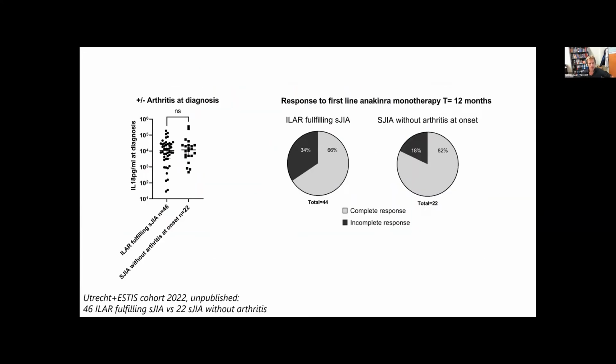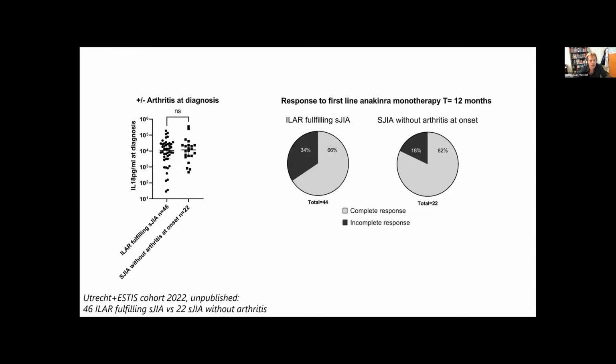And here you can see follow-up data very recently added up to 66 patients now, also from other centers in the Netherlands. You can see in the left panel that IL-18 levels of the 22 patients without arthritis at onset, which includes the 12 in Utrecht but also others from other centers now, are not significantly different from the 46 patients fulfilling the ILAR criteria.